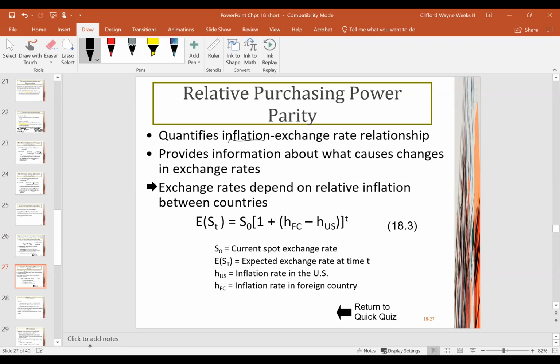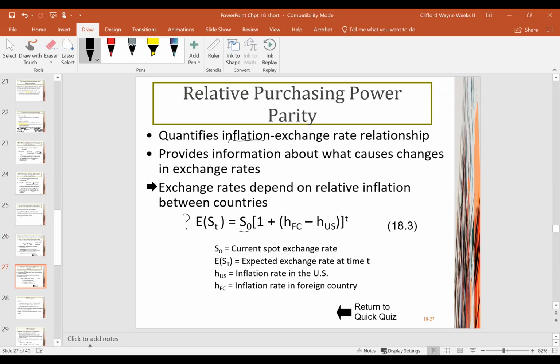Now, obviously this pandemic is worldwide, so some of the impact that is happening in the US is also happening in Russia or wherever we're looking at. And so basically we have this equation. The currency spot exchange rate, and the expected exchange rate at a given point in time, is what we're trying to figure out here.